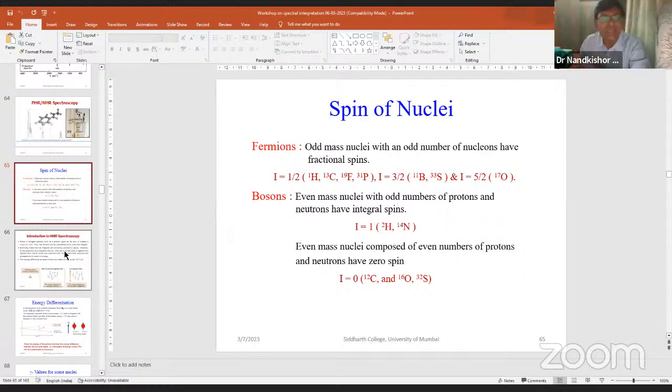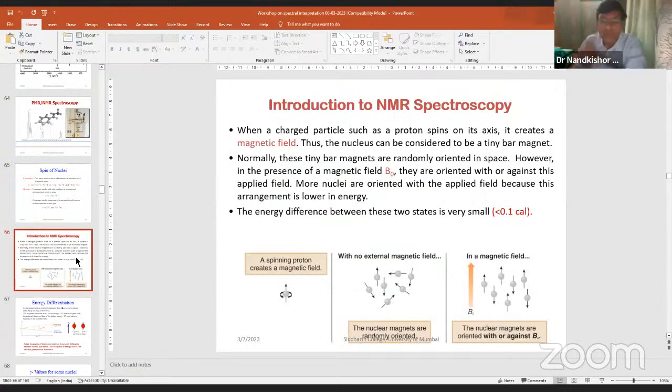So what exactly is NMR spectroscopy? This technique is there in MSc part 1 as well as part 2. In the theoretical aspect, in semester 3 we have studied NMR spectroscopy with detailed techniques like COSY and HETCOR.